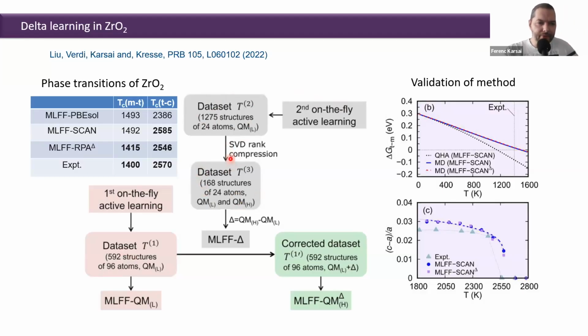And we used these 168 small structures to get the difference between the high-level quantum mechanical calculation and the low-level quantum mechanical calculation. That means we carried out RPA calculations for energies and forces, and the stresses we got by finite difference.